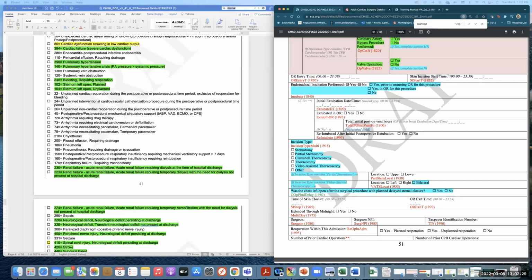The anesthesia surgeon physicians felt that was something they were still interested in collecting, so they asked to move those fields down into the anesthesia section for those participants. But for our general sites that are not participating in anesthesia, the surgeons didn't feel the need to continue burdening sites with collecting that information.